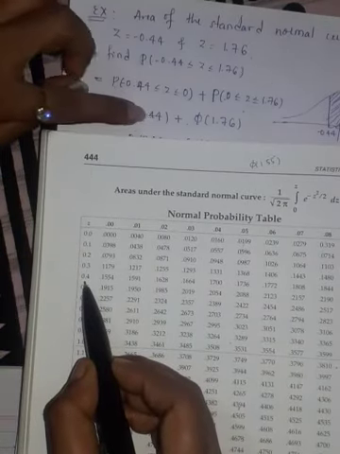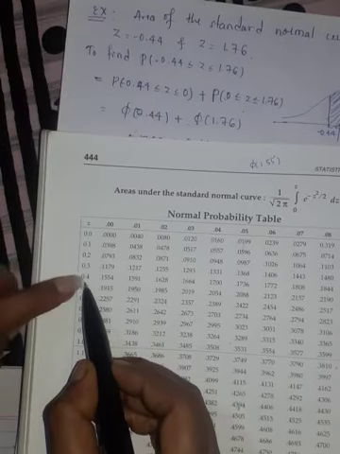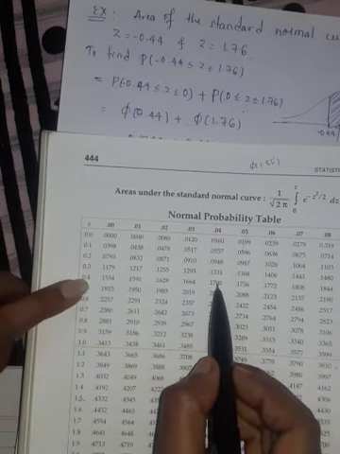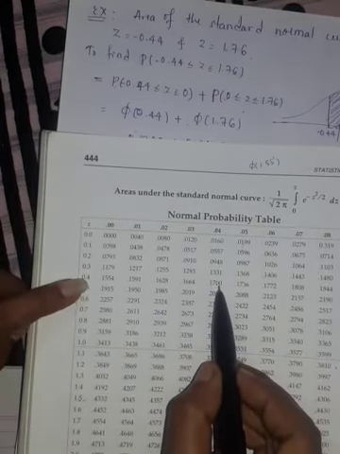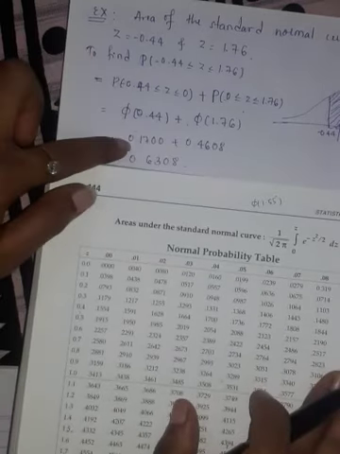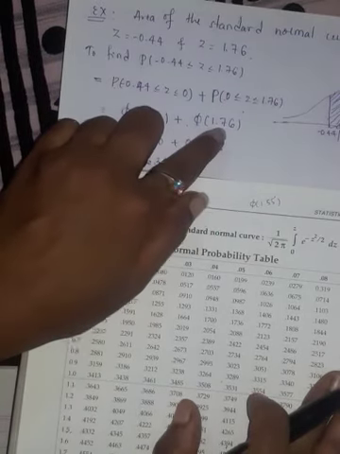Next we have 0.04, which is this one. So our answer is 0.1700.